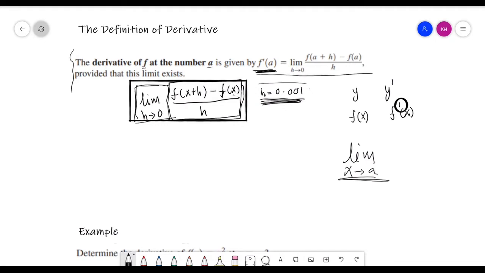However, in this lesson and from now on, we're not going to use h equals 0.001 anymore. The reason I'm going to explain later. Instead, we're going to use this notation. I'm going to show you an example where we use this formula to solve for the derivative.